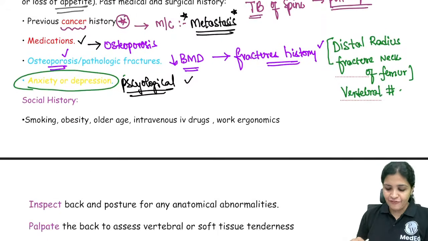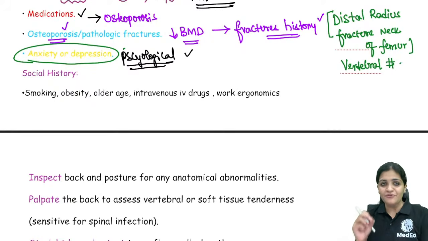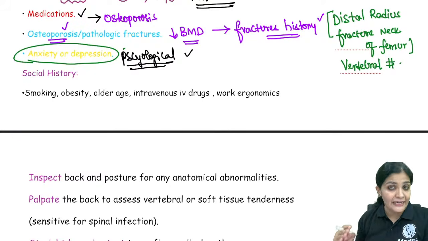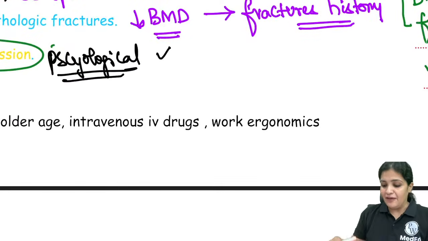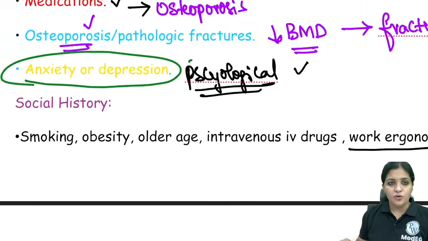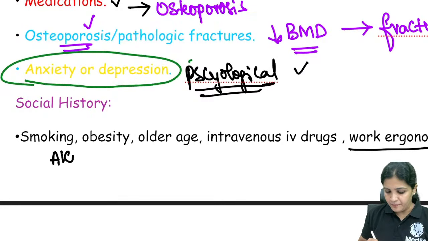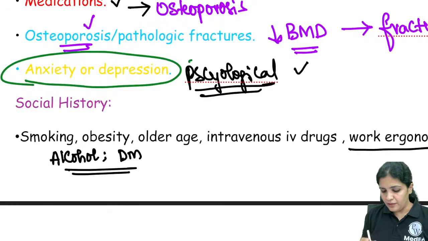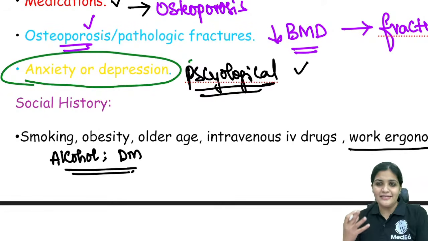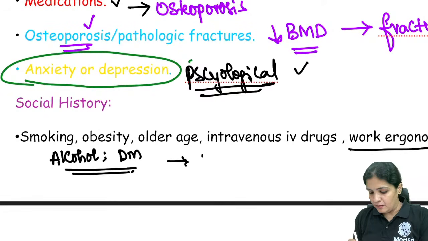Okay, and then finally you have to conclude with their personal history, that is history of smoking, obesity, alcohol, any IV drug abuse, and finally not to neglect your work ergonomics. So smoking, diabetes, obesity, all this can again result in a decrease in bone mineral density, right?